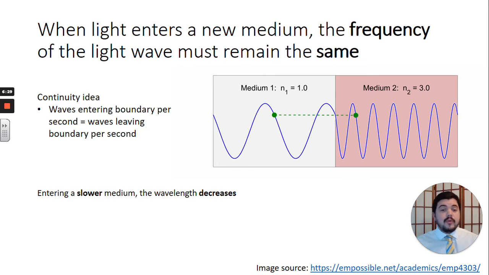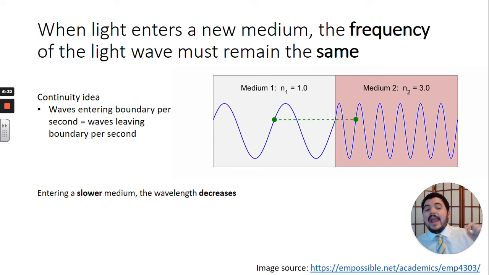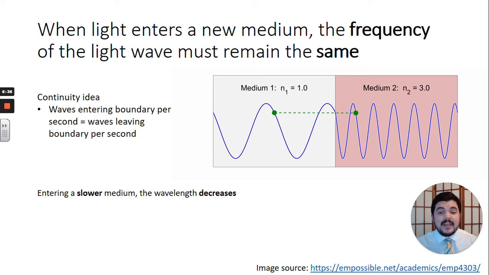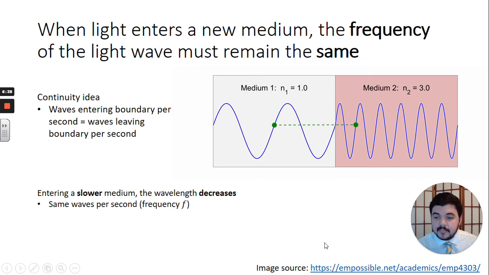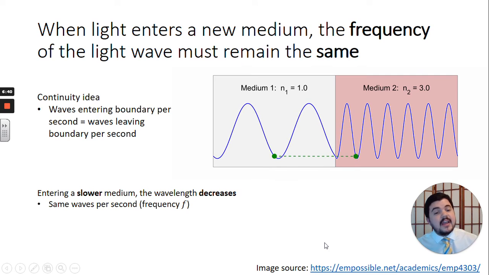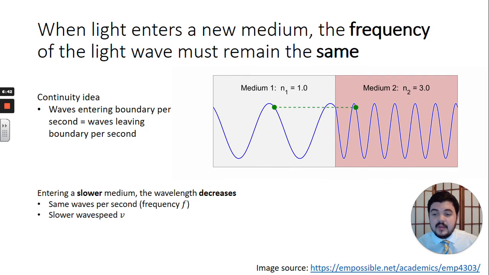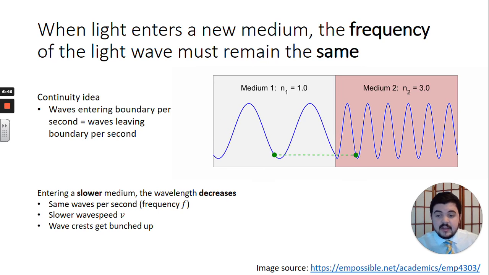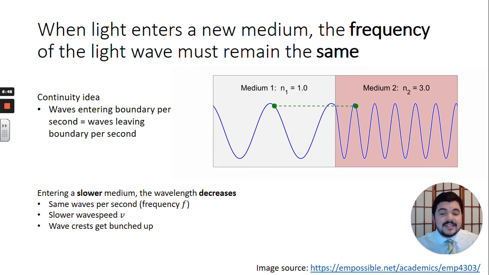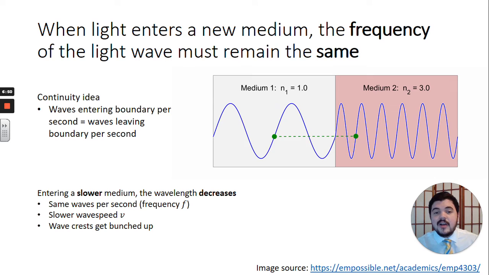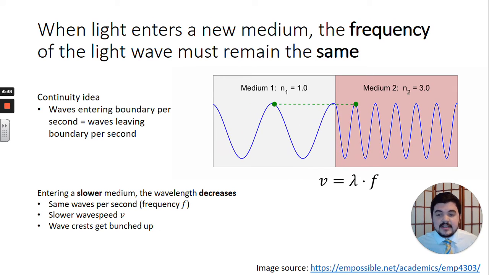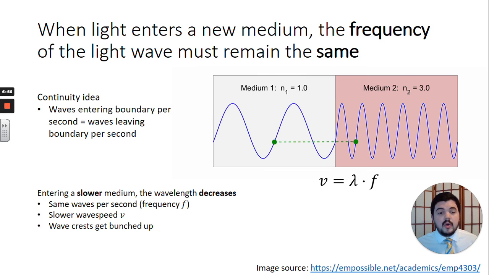In order to both slow down and keep the same number of waves per second, those waves get bunched up. We have the same frequency, but we have a slower wave speed. So the wave crests get bunched up as a result of the incoming waves slowing down. So we get a lower wavelength.